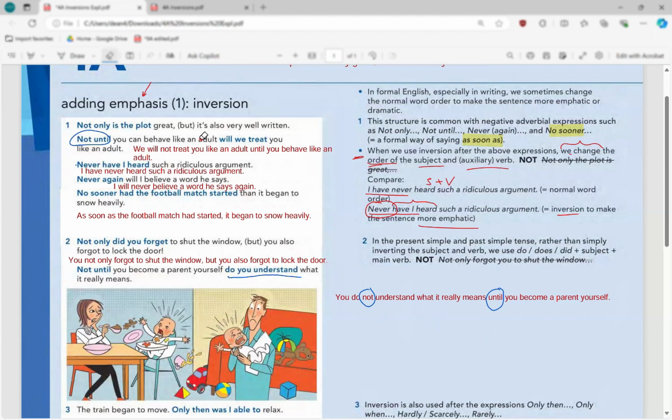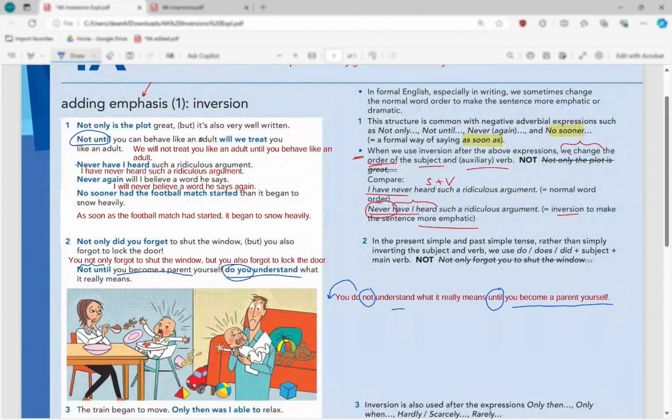Sorry, the second example, right? Not until here. You see, not until, and then the rest will be the same, not affected. You become a parent yourself, and then we use the inversion here. Like, do you see? Do you understand what it really means? So that is inversion for present simple.